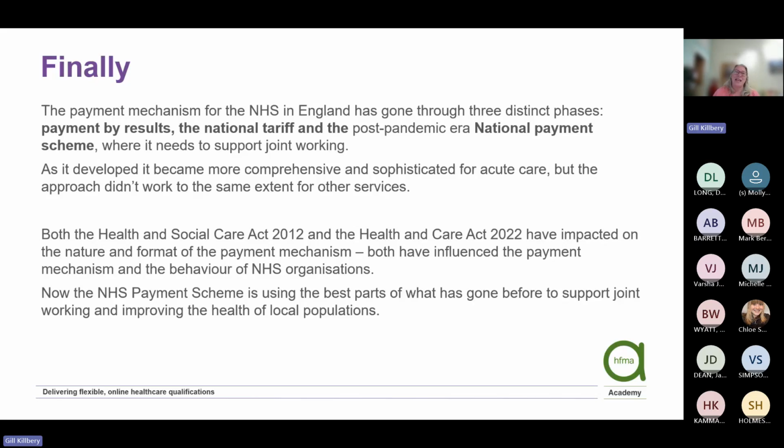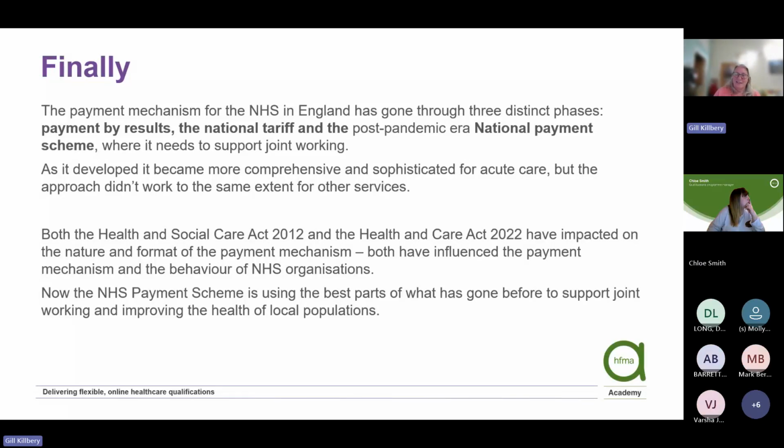Therefore, how we get paid influences what we do and how we do it, where our focus lies. Which is one of the reasons it makes finance in the NHS so important and so key to how we work as an organisation, as a system, as a country in delivering our health and care.